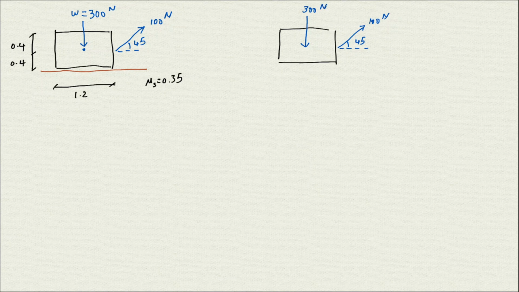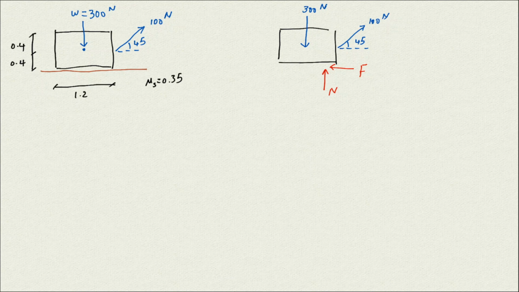Then we have the reaction for the support, so we have the N value, assume it's going to be there. We know that this force is going to pull it to the right, so the friction is going to oppose the motion, so it's going to be to the left, because the friction always opposes the motion.